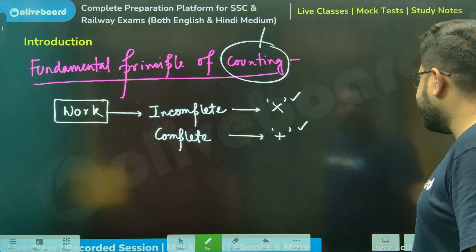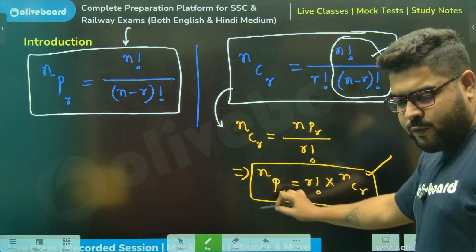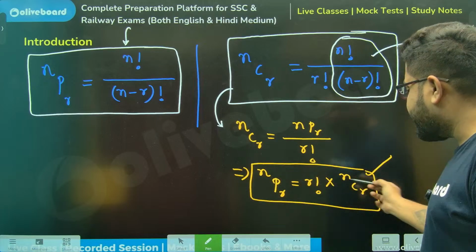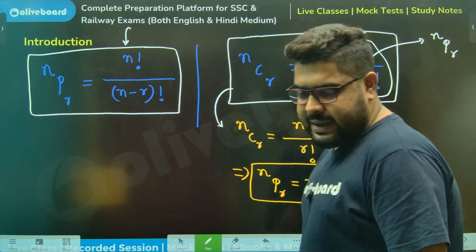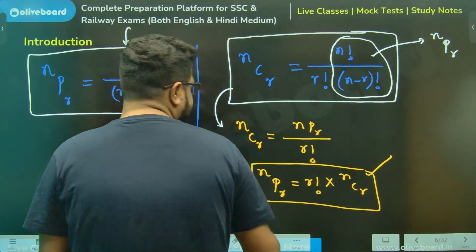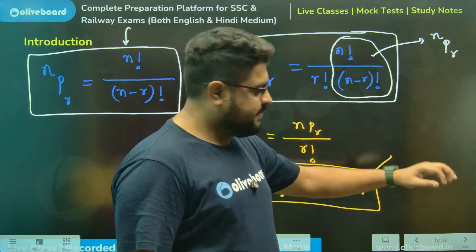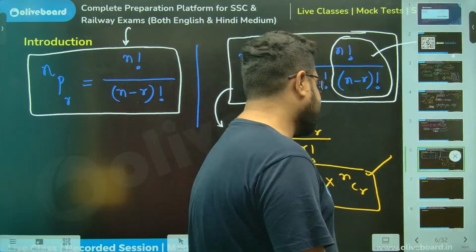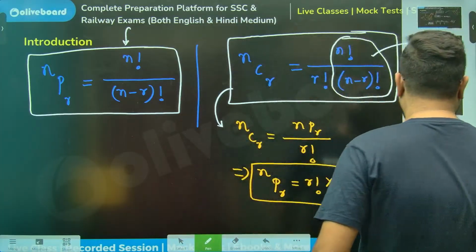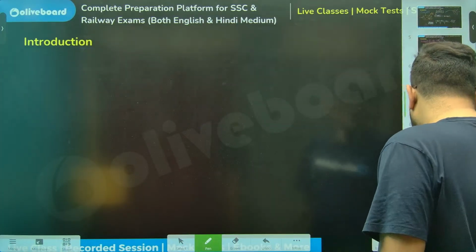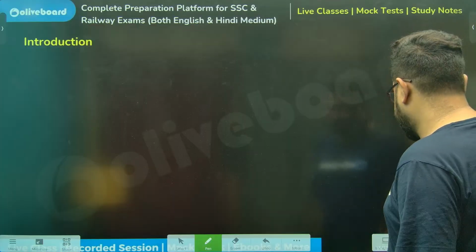And ultimately, we proved the same thing: NPR is R factorial into NCR. Clear, everyone? But again, we are not really interested that much in this. हम करेंगे तो करेंगे क्या? We are more interested in solving questions or understanding stuff.